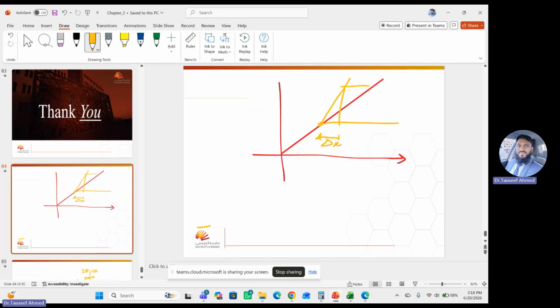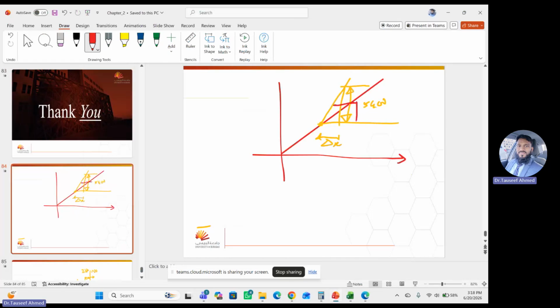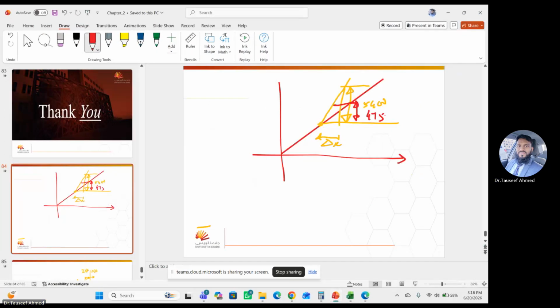And from here to here, we found that this is 5,400. And on the same line from here to here, this is 4,000. What was this one? This one is 4,750.